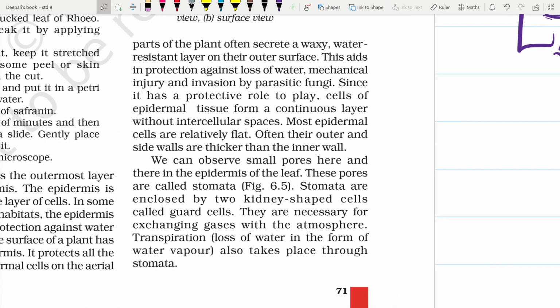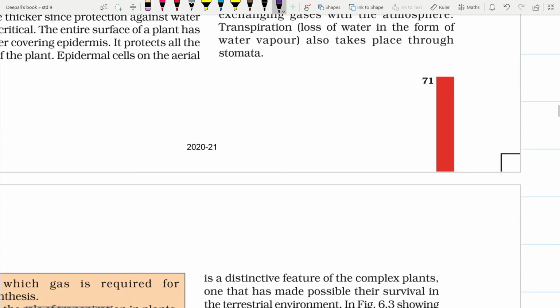Now in the epidermis there are small pores, and these pores are called stomata. Stomata are enclosed by two kidney-shaped guard cells, and they are necessary for exchanging gases. With the atmospheric transpiration, loss of water in the form of water vapor also takes place through stomata.